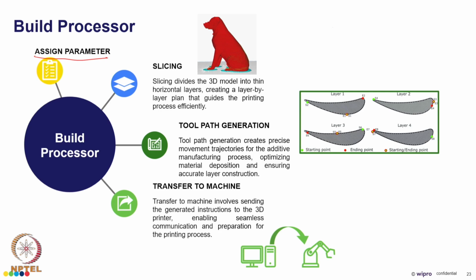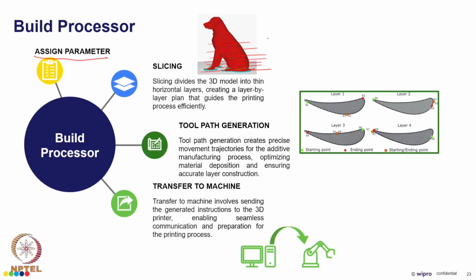There are various different parameters involved like layer height, print speed, temperature, laser power, gas flow, exposure time, and material type. So these parameters get defined inside the build processor, and after that, based upon the layer height, the slicing of the model happens. Here itself in the picture you can see there are various slices.